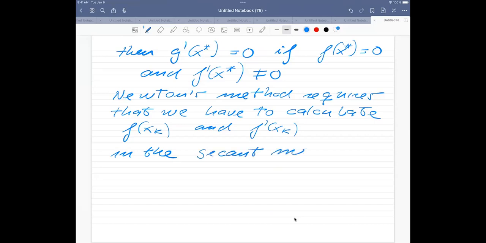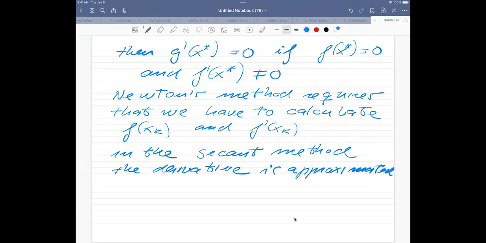This is one of these basic methods which we use to find the roots, and you probably have encountered the bisection method as well, which is even simpler. They do actually converge to the final root, but they may take a lot of time to converge properly. So in the second method, the derivative is approximated, and you will not be surprised to see the way you approximate it, by the finite differences.